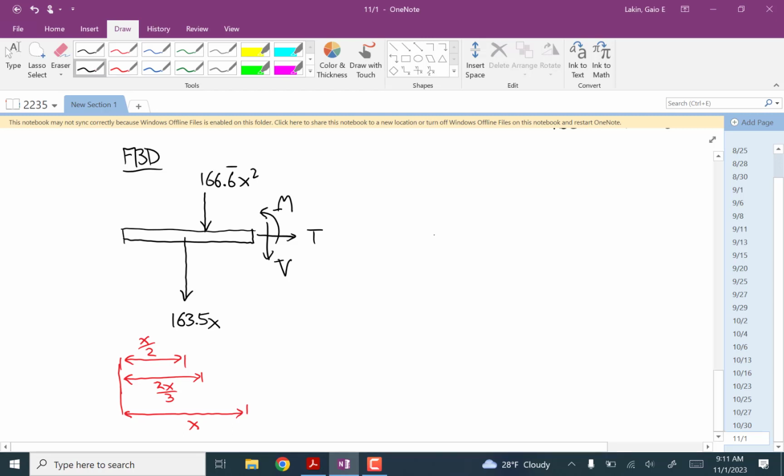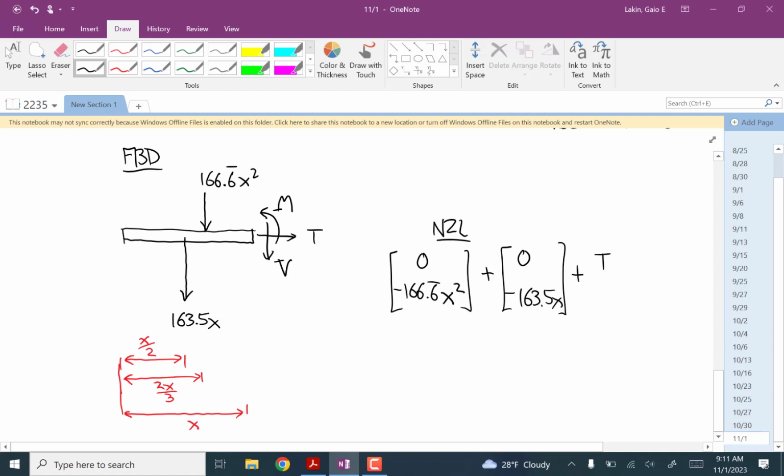Okay, so Newton's second law says 0, negative 166.6 repeating x squared plus 0, negative 163.5x plus t, negative v is equal to zeros.